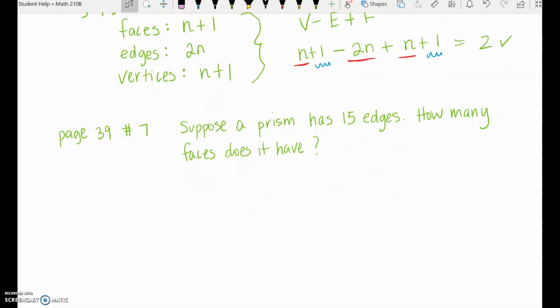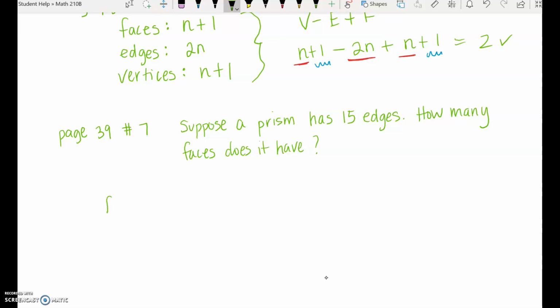Well, we just saw that for a prism, the number of edges is going to be n times 3. So for any prism, the number of edges is 3 times n. So that means that n in this case has to be 5.